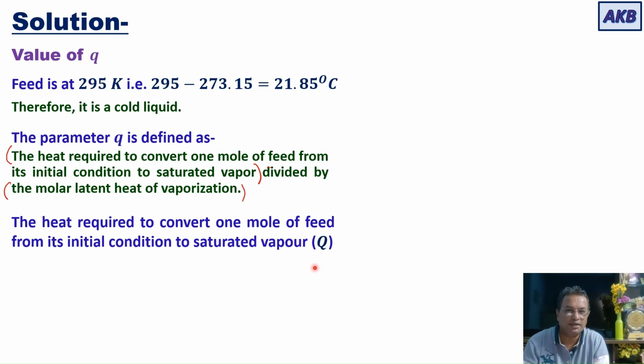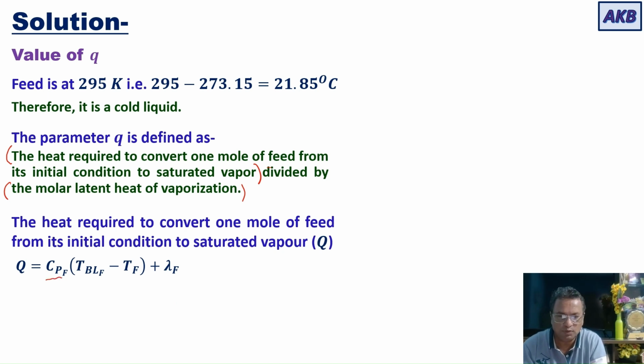How can you calculate this? The mathematical equation for it is Q is equal to Cpf, the specific heat for the feed, into the boiling point of the feed minus the initial temperature of the feed, plus the latent heat of vaporization of the feed. There are two terms involved in this case. This is term number 1. What does term number 1 give?